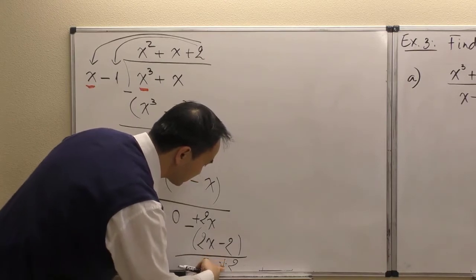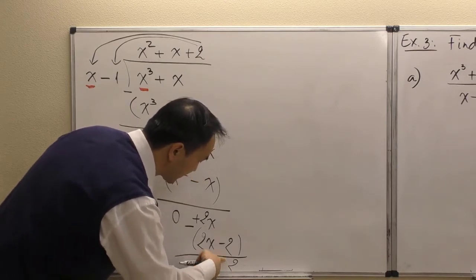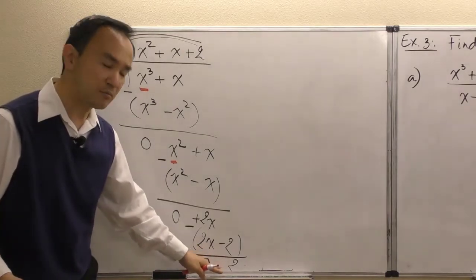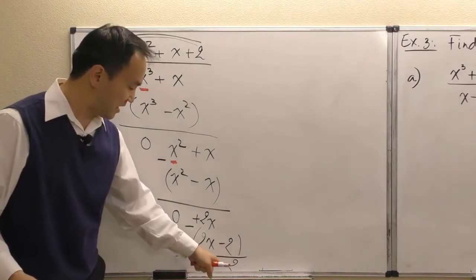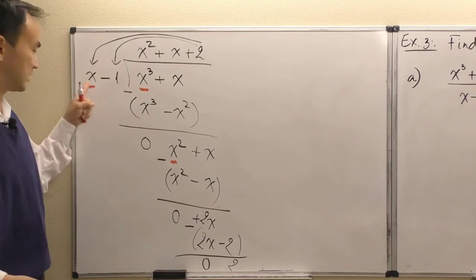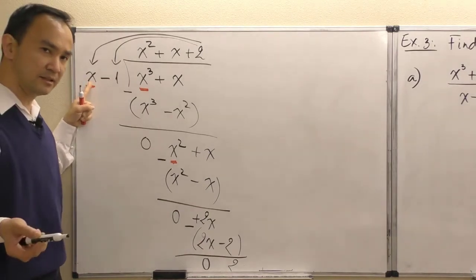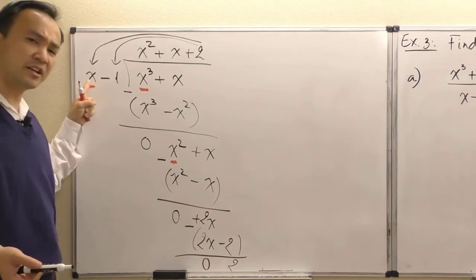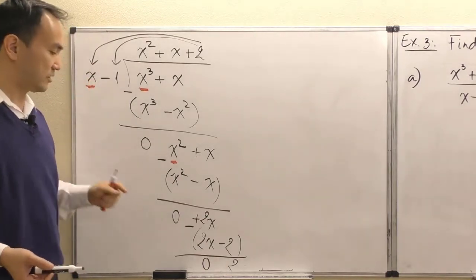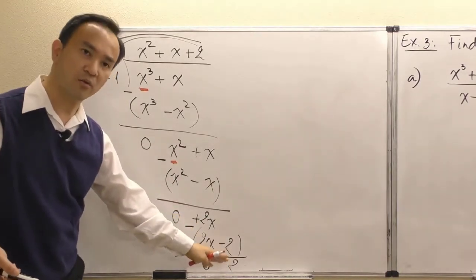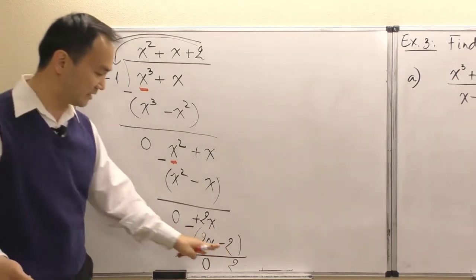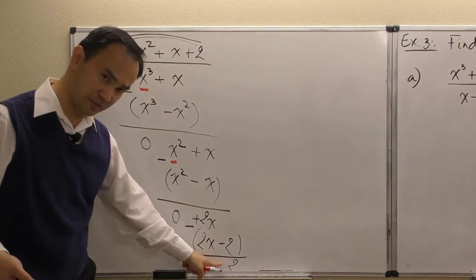So this positive 2 right here is our most current remainder. But this most current remainder is apparently less degree, because this is degree 0. Less degree than the denominator here. So this is a good sign where we stop the long division process right here. And this is our final remainder with a positive sign.